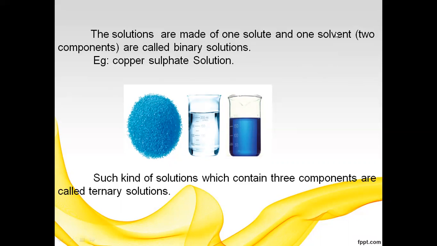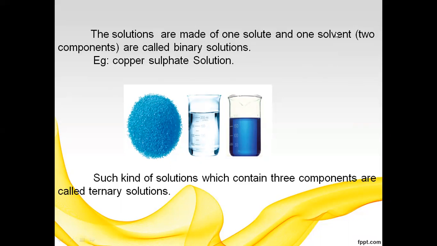For example, salt and sugar are added to water. Both sugar and salt are dissolved in water, making a solution. This is called a ternary solution because it contains three components: water, sugar, and salt.